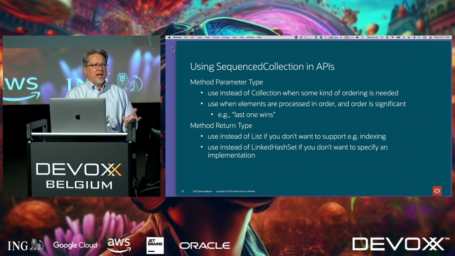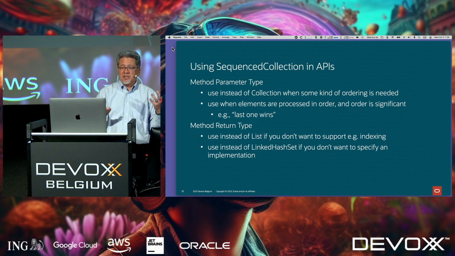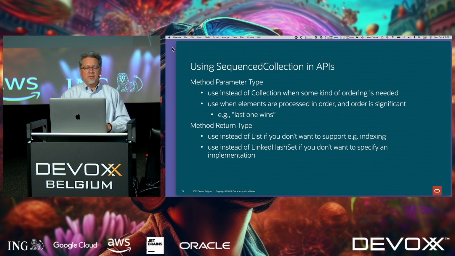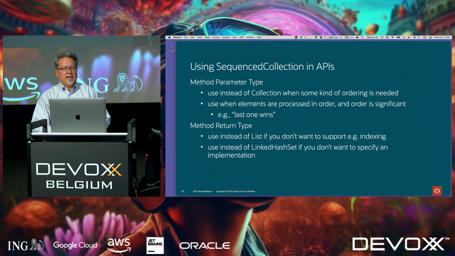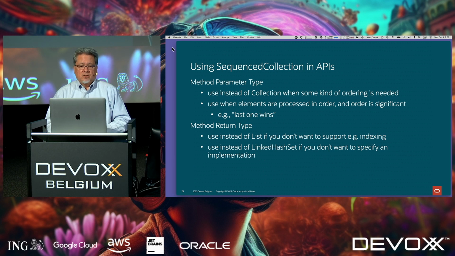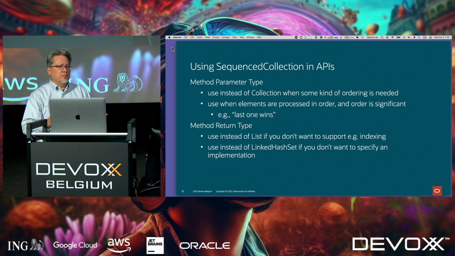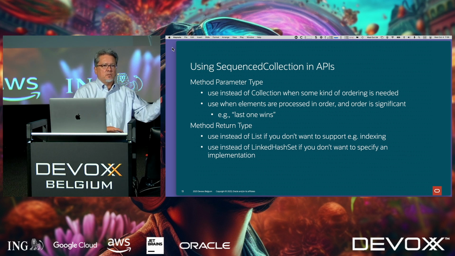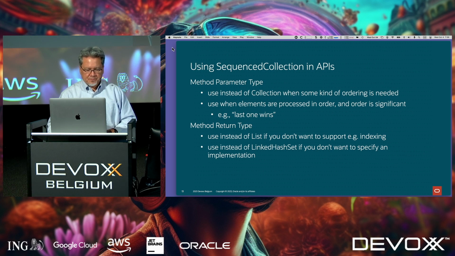But sometimes you're generating elements and you don't actually have a list, or you don't want to support indexing because of the way you're generating them, or you might have to go find them. You could use a linked hash set if you happen to have one, but then that starts to expose pieces of your implementation, which is a little uncomfortable. But anyway, now that there's sequenced collection or perhaps sequenced set, you can return those, and those give you the right semantics you want without exposing bits of your internal implementation.